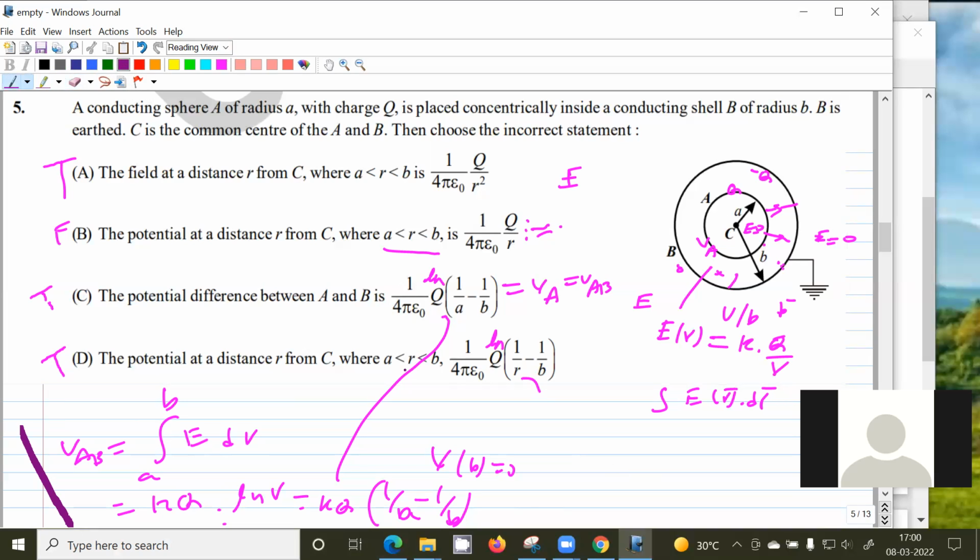V due to A is 1 by 4 pi epsilon naught into R. So once I know the potential between A and B, the potential, yeah.